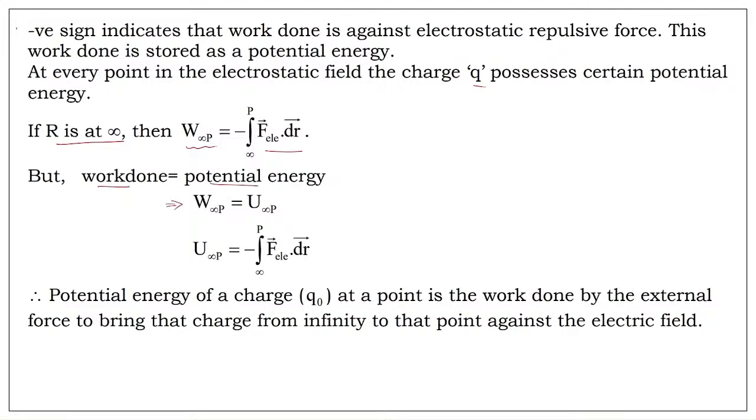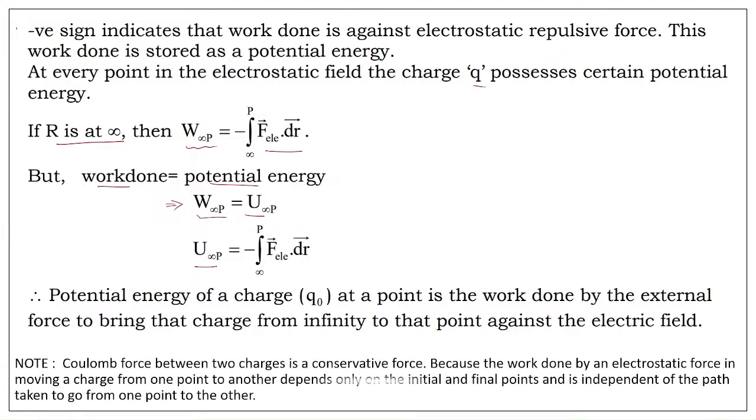Therefore, W is equal to U. The above equation is written as U infinity P is equal to minus integration infinity to P of F electric into dr. Therefore, potential energy of a charge Q naught at a point is the work done by the external force to bring that charge from infinity to that point against the electric field.